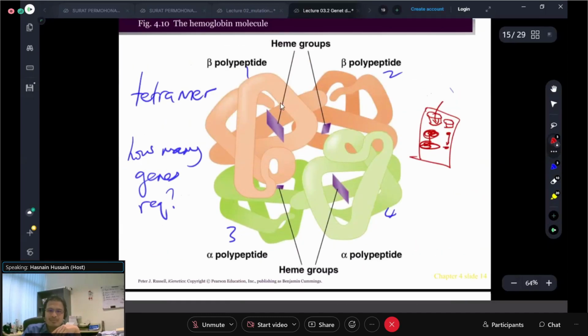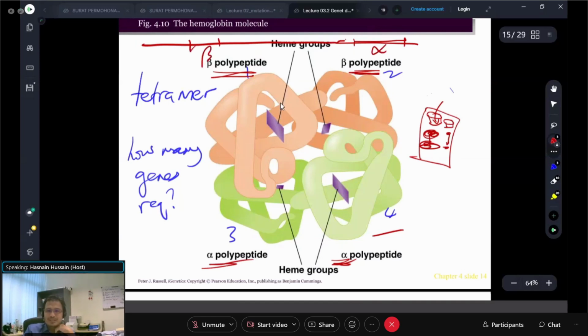Okay, based on this tetramer, how many genes are required? This is the beta polypeptide, which comes from the same gene. The alpha polypeptide, assuming they are on the same chromosome, the alpha from here, the beta from here.